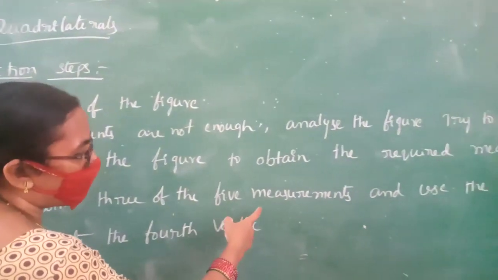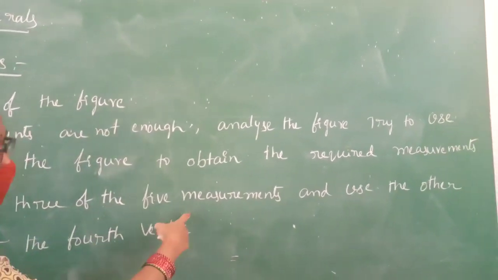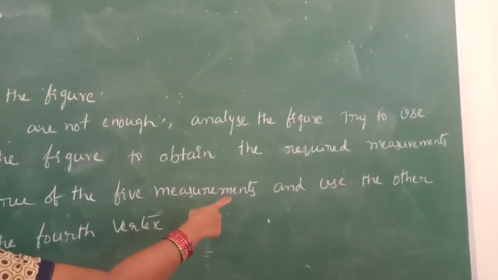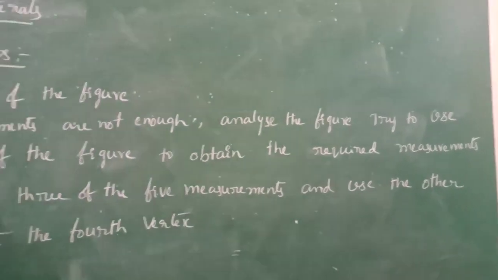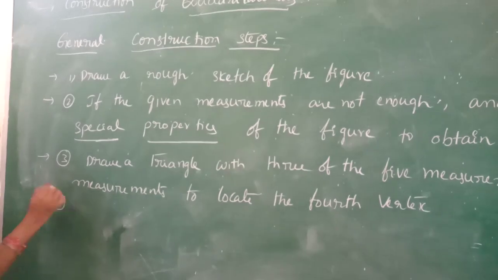First, we draw the triangle with the help of 3 measurements in the given 5 measurements, and use remaining 2 to locate the 4th vertex.